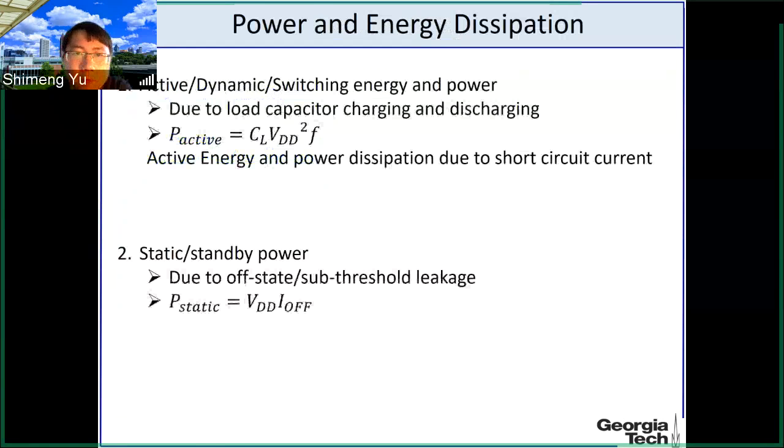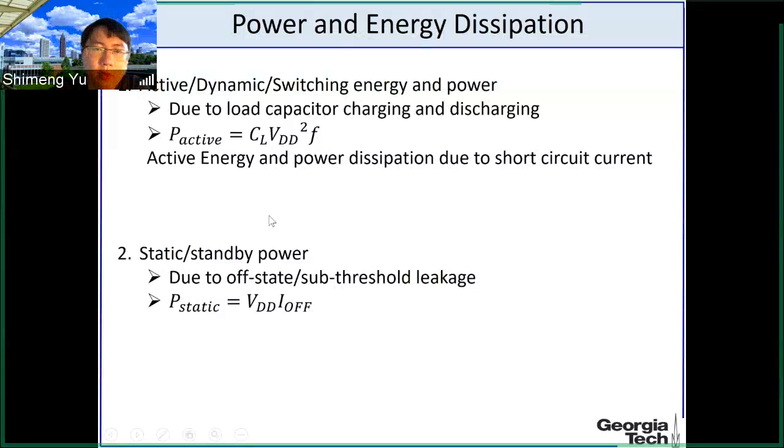So first of all, the energy and the power, by definition, in digital circuits, not only for the inverter but also for any digital processor, have two components. The first one is the active dynamic switching energy and power. This is due to the capacitor being charged or discharged.